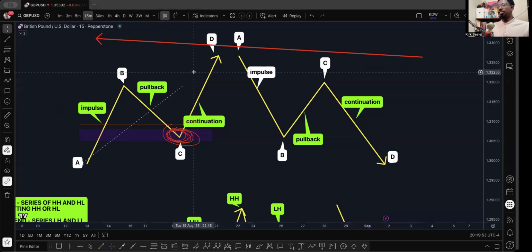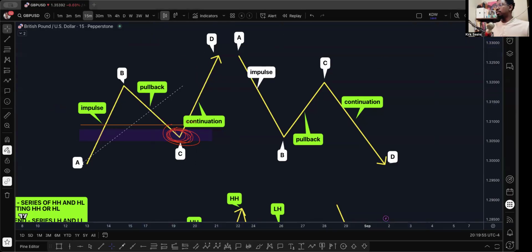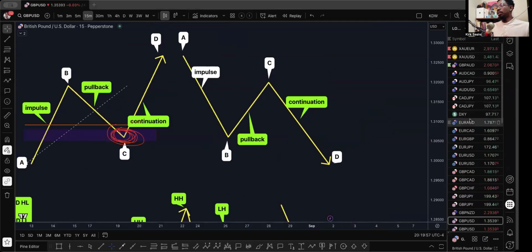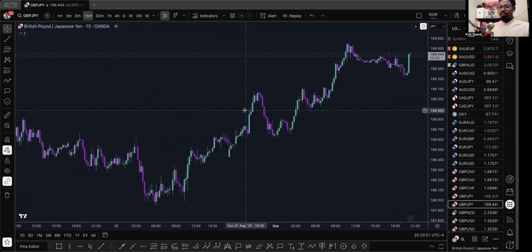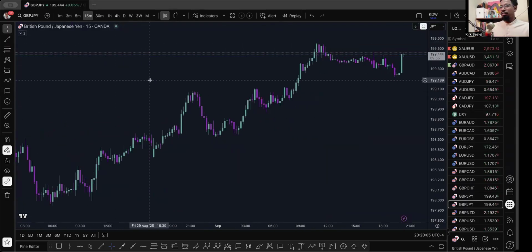All right, so we had GJ come through on trade ideas. Let's see if that was at C. That was 9:26 today.